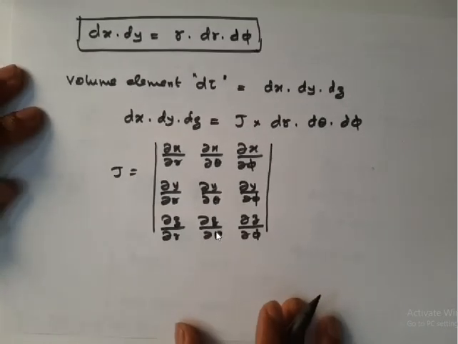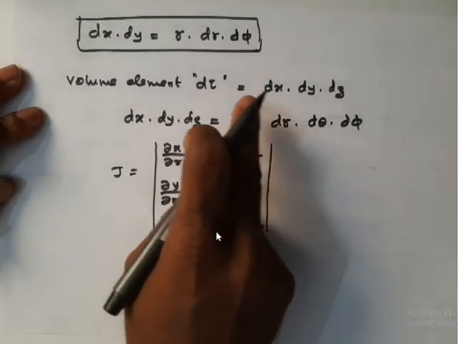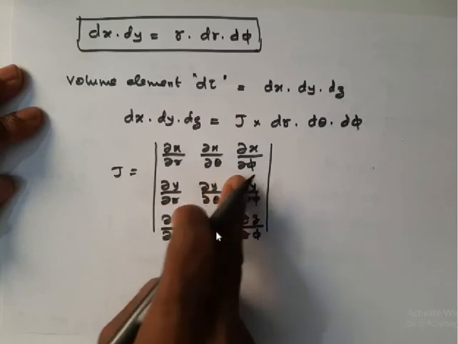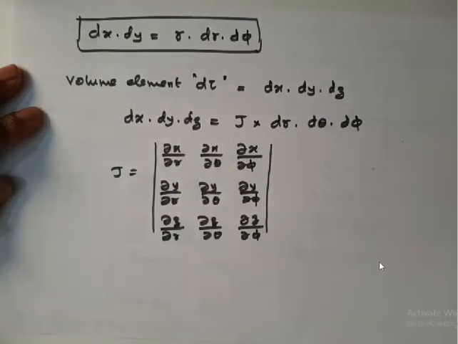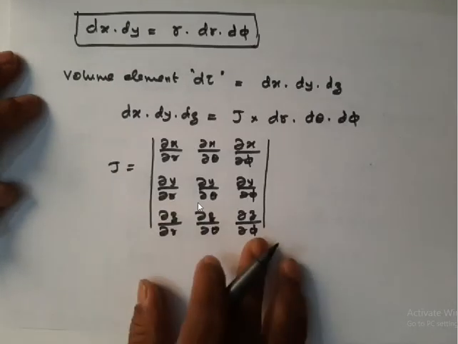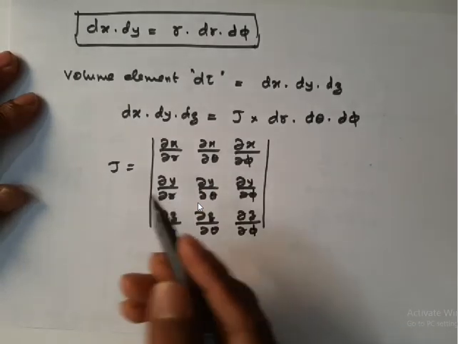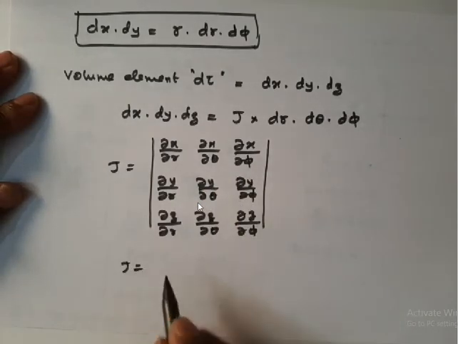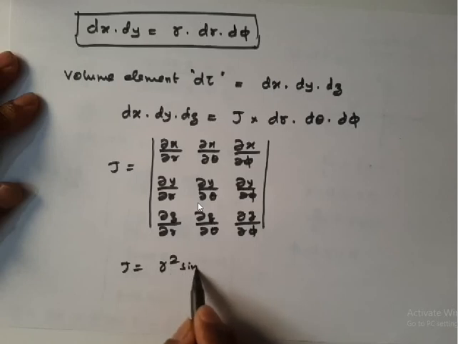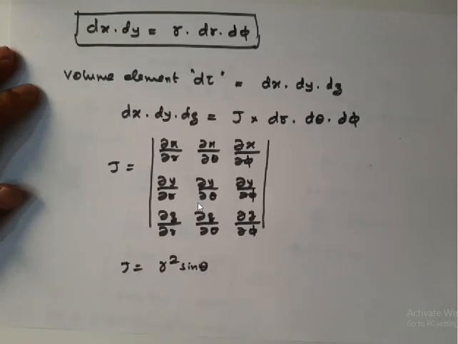Here x, r, theta, phi are all independent variables, so you differentiate x with respect to r, theta and phi. Similarly, differentiate all these quantities and substitute in this determinant. I'm not going to do that; it's a very simple one. You just try to do it and find out, and you will get the final answer: r square sine theta.